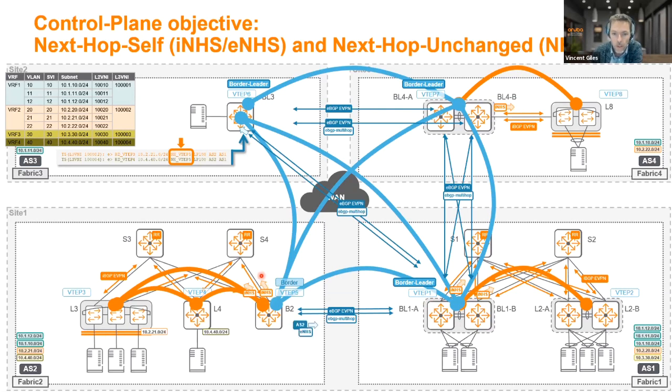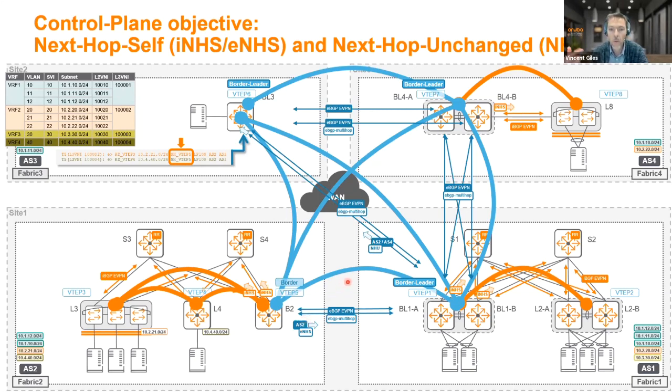So what we do here, AS2 routes sent from fabric 2 to fabric 1, on that one, we just make sure that fabric 1 will receive that with the next hop being reset thanks to the nominal behavior of external BGP. So there is nothing to do here.